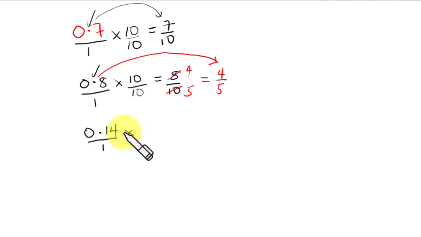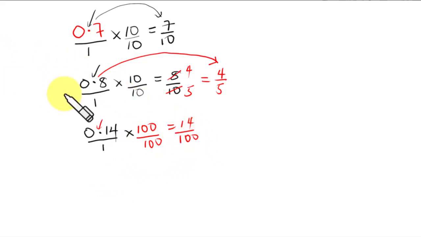Because we have 2 digits after the decimal point, we multiply the numerator by 100, not 10, so that we can get rid of the decimal, and we do the same thing to the denominator. So 0.14 times 100, we get 14. There will be no decimal because it moves the point outside of the number. And 1 times 100, you get 100.